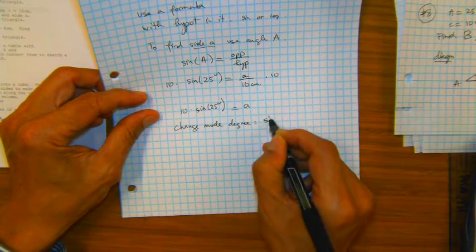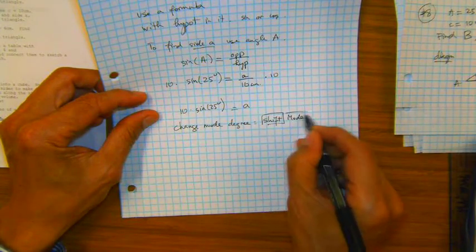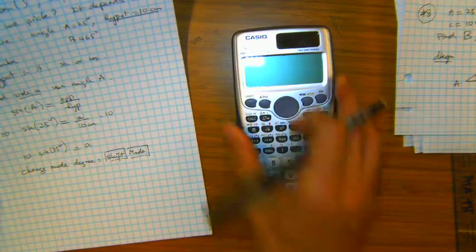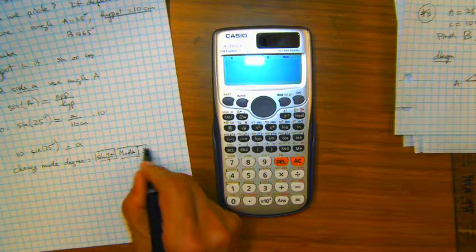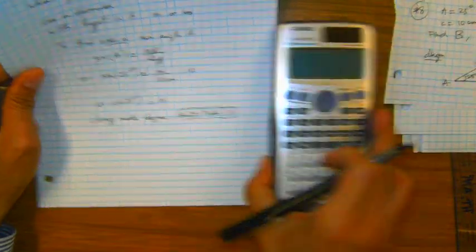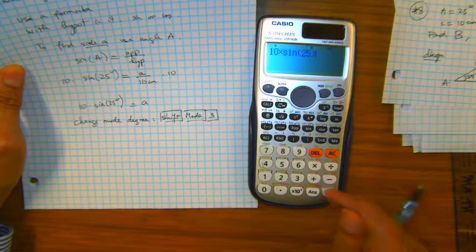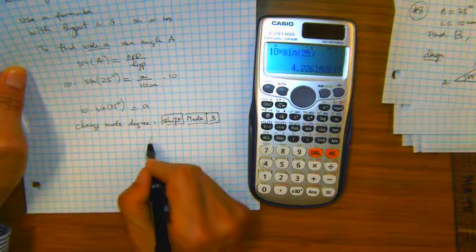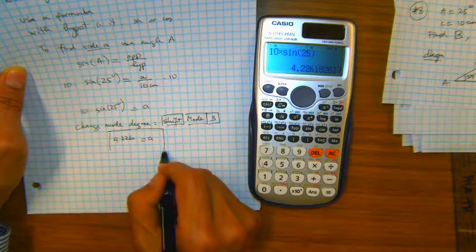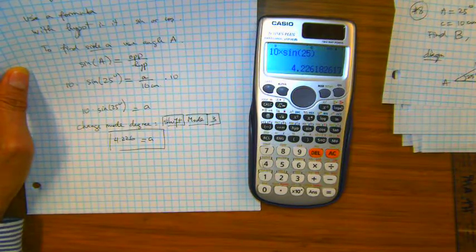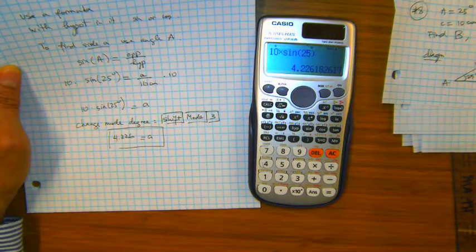So that means shift mode 3, and then you type in 10 times sine 25. So the answer is 4.226.